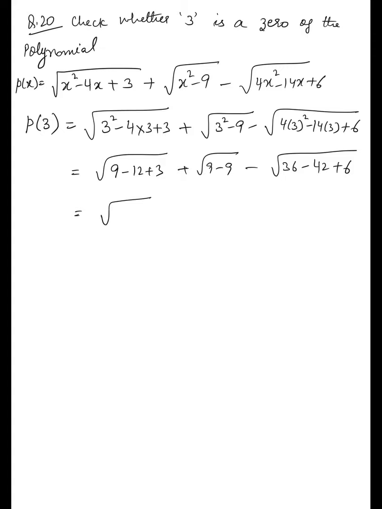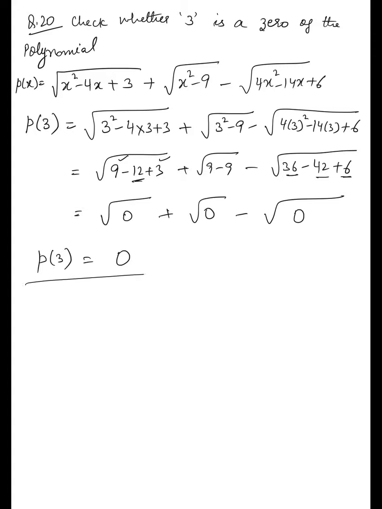So inside the bracket under root sign, 9 plus 3 is 12 and 12 minus 12 is 0. Here also 9 minus 9 is 0. 36 plus 6 will give you 42. 42 minus 42 will be 0. So it is all throughout 0. If I put x as 3, the polynomial is reducing to 0. Therefore, we can say 3 is a zero of the given polynomial p(x).